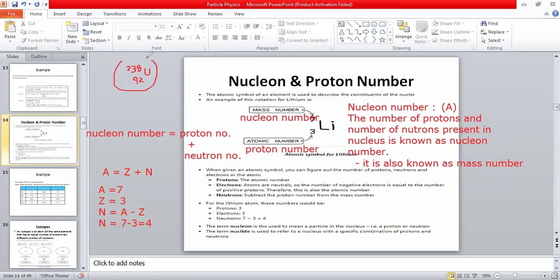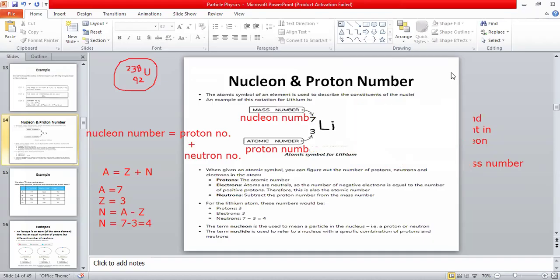I'm just talking about this specific element. 92. Very good. What is the nucleon number of uranium? 238. This isotope is 238, right? So 238 is the nucleon number.